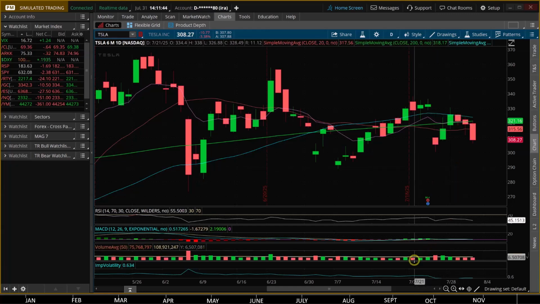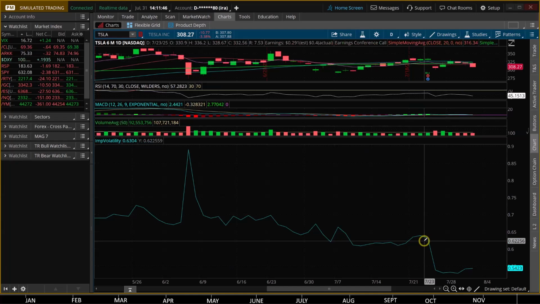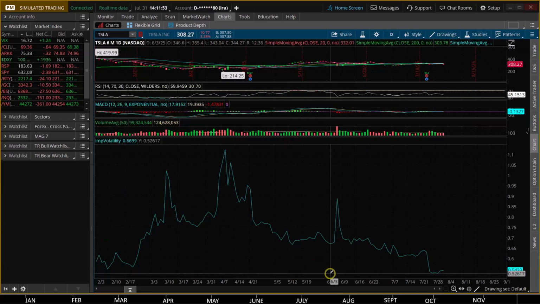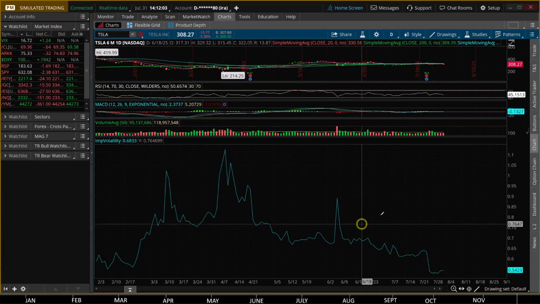You can see it on implied volatility. Whenever implied volatility is at the low end of the cycle quarter to quarter, you're definitely looking to be a net buyer of options, because when volatility is low, volatility helps options. When volatility is high, it hurts options.